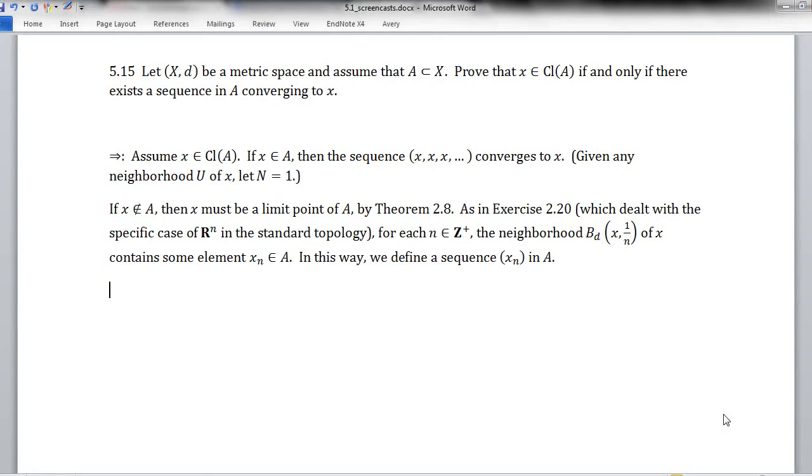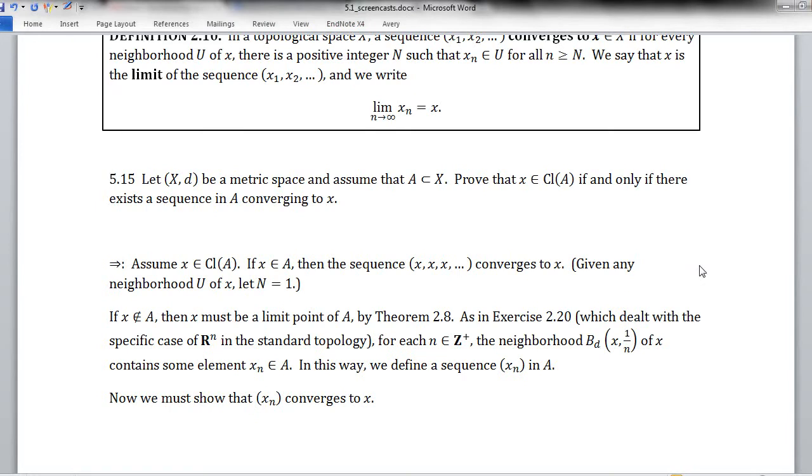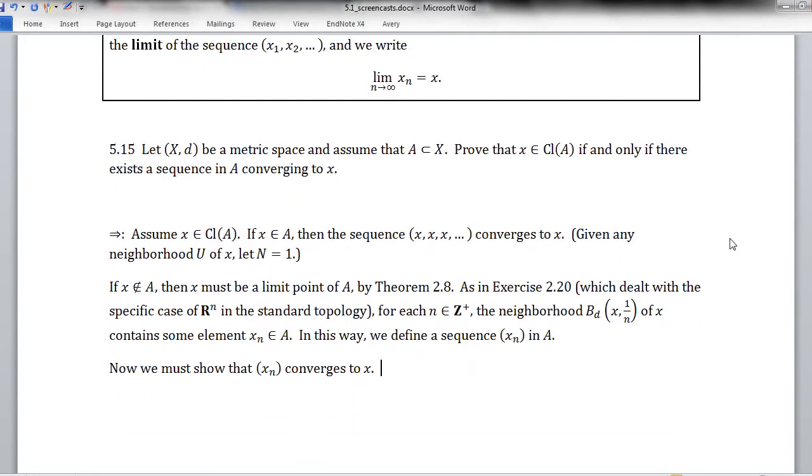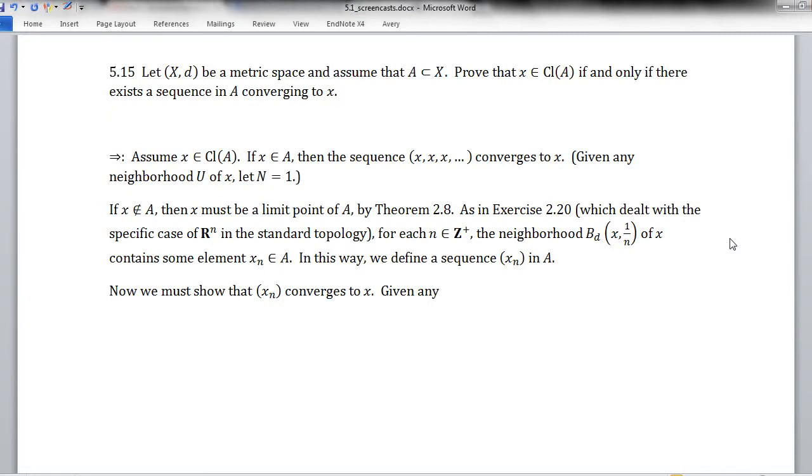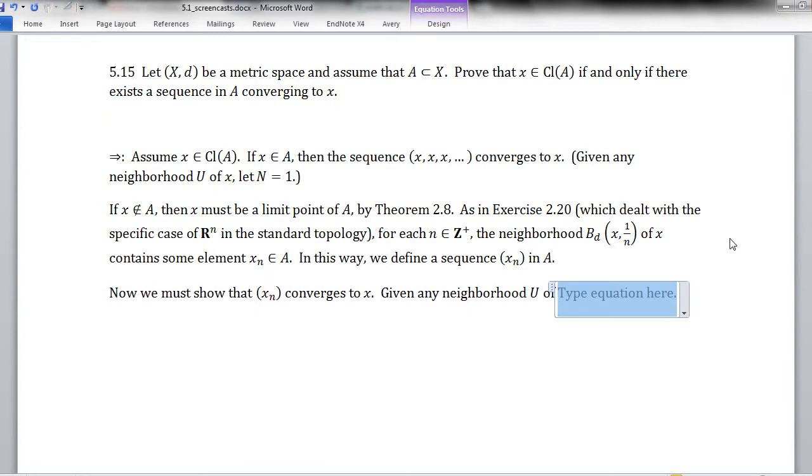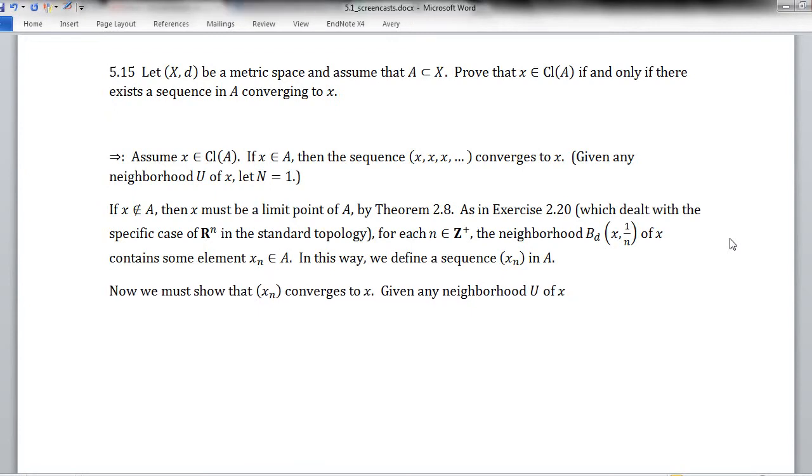Well, we have to show that that sequence converges to x. That's our goal. Now we must show that this sequence x_n converges to x. We have the definition of convergence of a sequence right here. Given any neighborhood U of this point x, there exists... well, it's a neighborhood, so it's an open set.